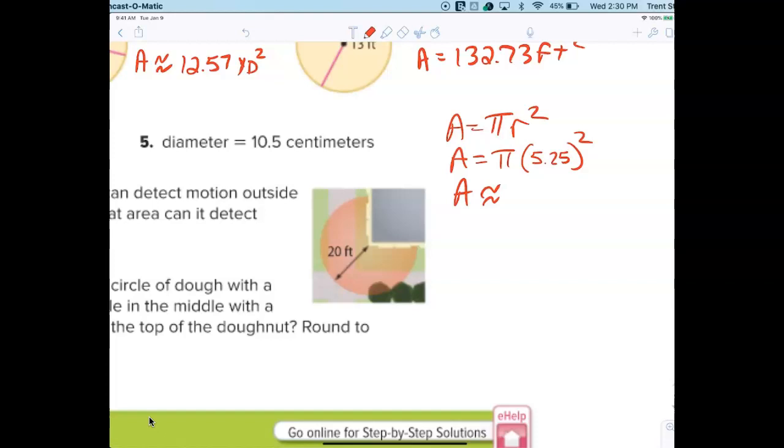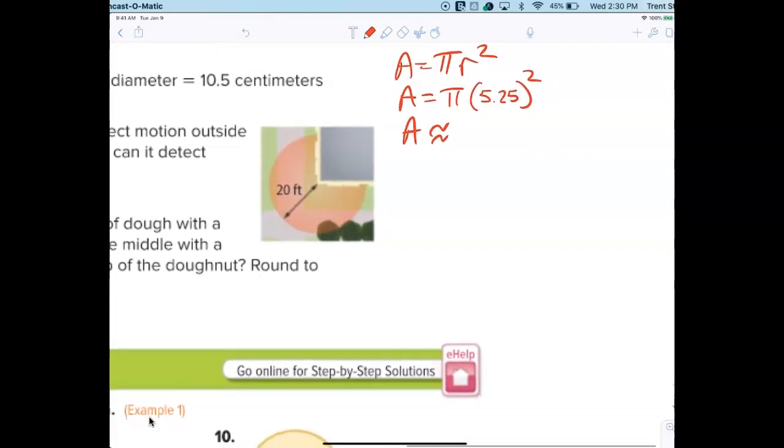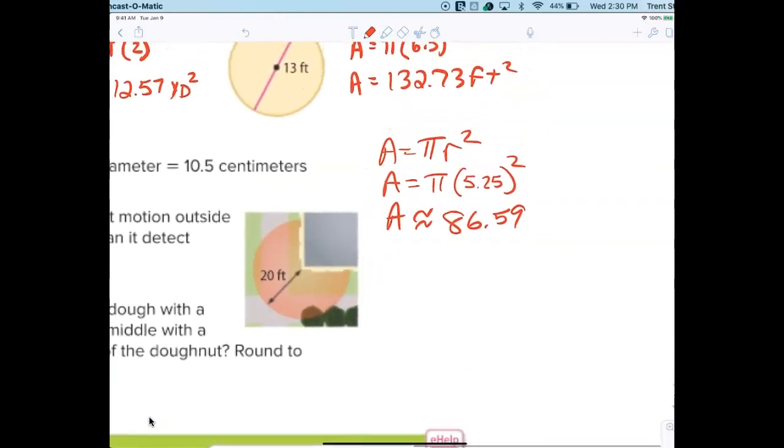What's the answer? I got 86. And then in this case, we're using feet. Is that right? No, sorry. Oh, yeah, I was looking at the wrong one. Thank you.